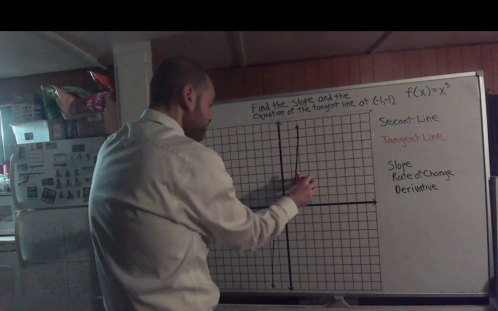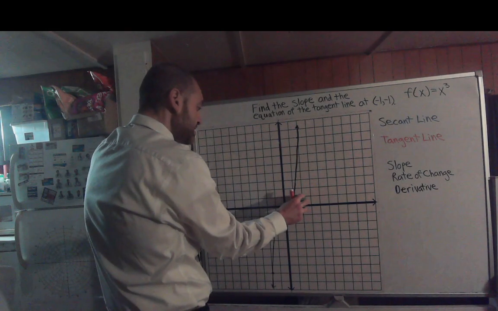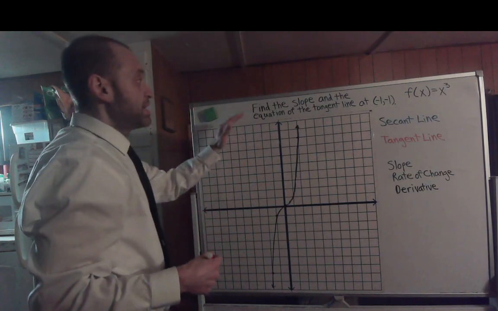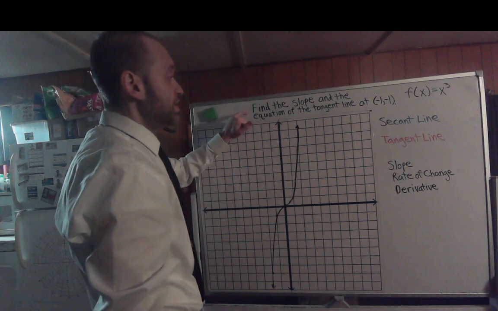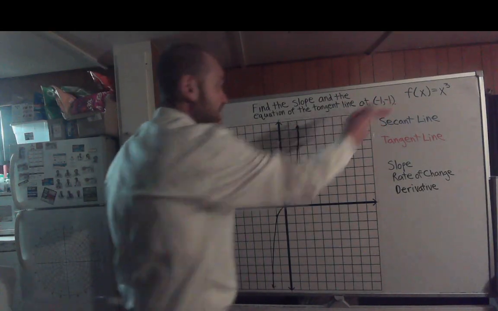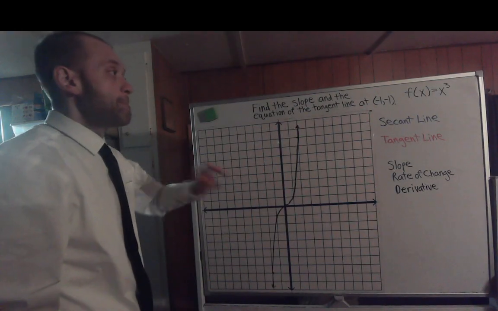So, another idea is that, let's say I'm being asked here to find the slope and the equation of the tangent line at the point -1, -1, which is definitely on this curve.